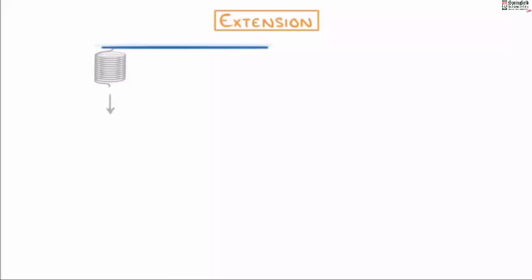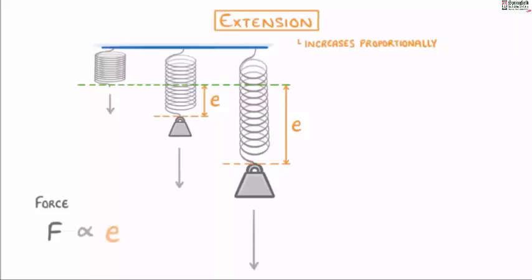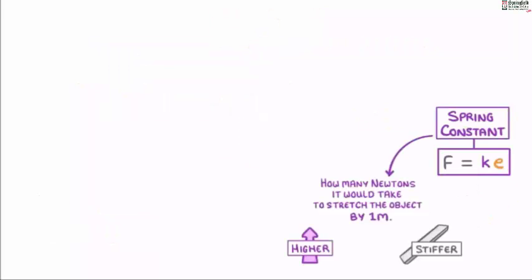As we increase the force on the spring, for example, we add more mass, the extension increases proportionally, which we can write as F is proportional to E, because F is the force and E is a symbol for extension. We can show this relationship by plotting a graph of force against extension.